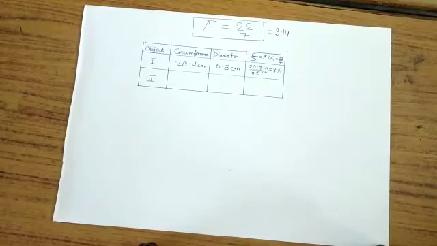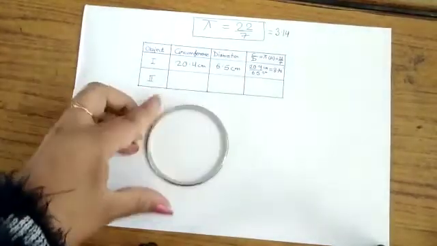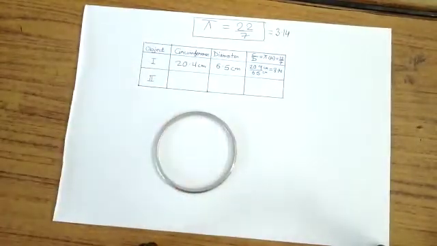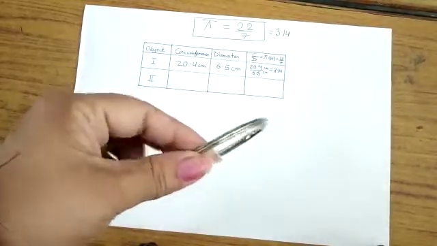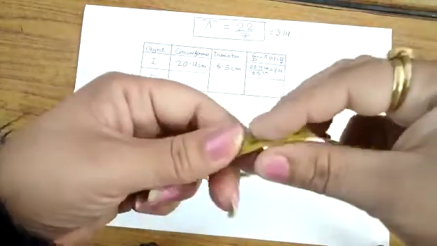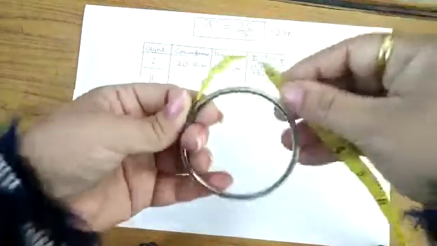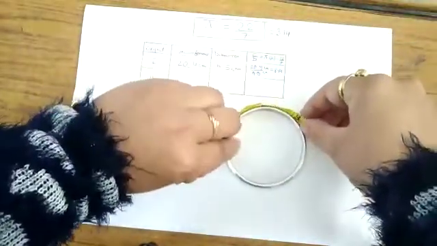Now again I am taking a different object of a different shape, circular, but greater than the previous object. Firstly we will measure the circumference of this circular object. Again in the same manner we will measure it.